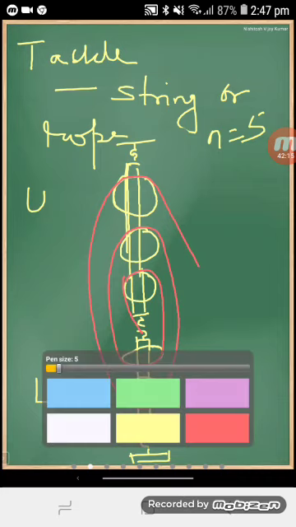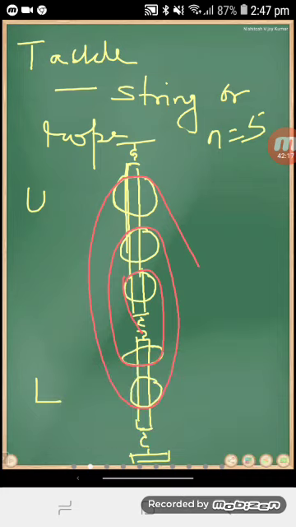So now if we mark the direction first, effort is down, and load is down. So load is going to act downward and effort is also going to act downward.